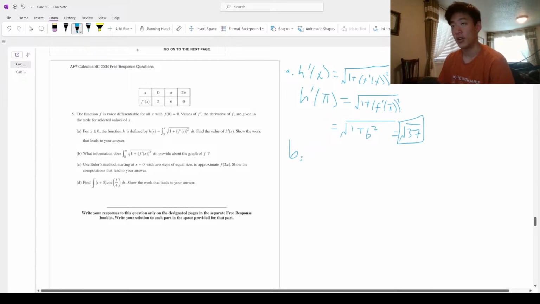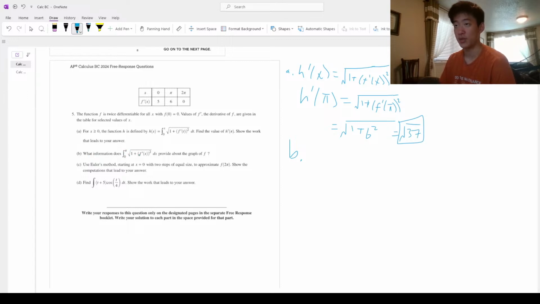Okay, so now part B. What information does the integral from 0 to pi of the square root of 1 plus f prime of x squared dx provide about the graph of f? This is the arc length.